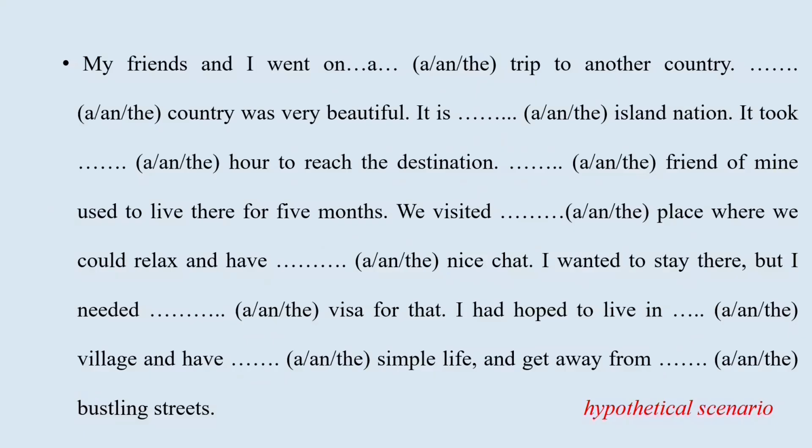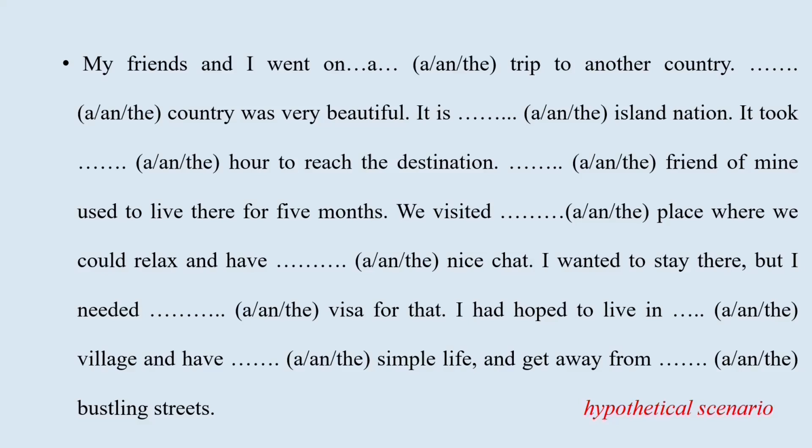Blank country was very beautiful. Now, in this sentence, the speaker is talking about a specific country that he visited and the country that was mentioned previously. So, the answer is the. The rule is when we are talking about things that have been mentioned before, the answer should be the.